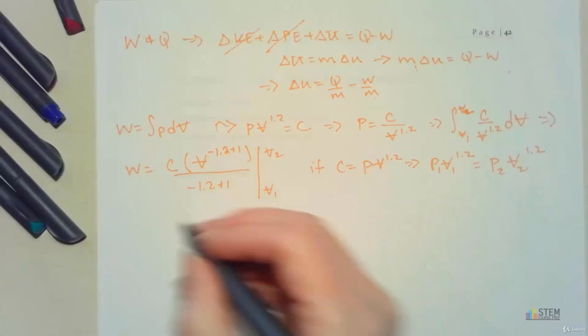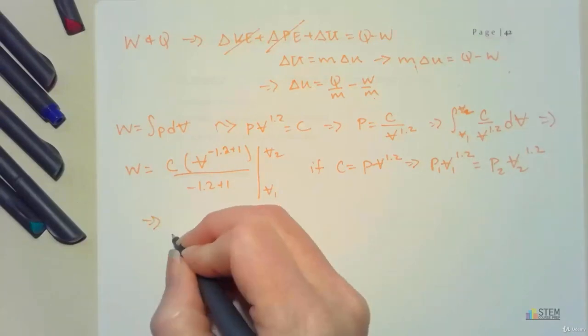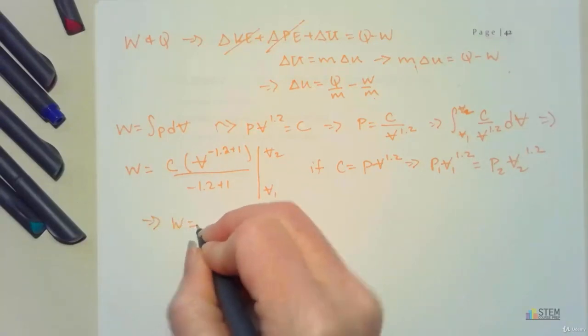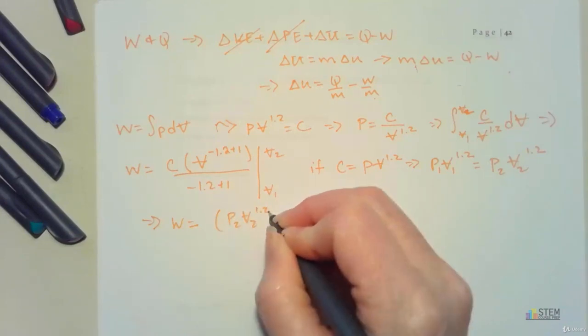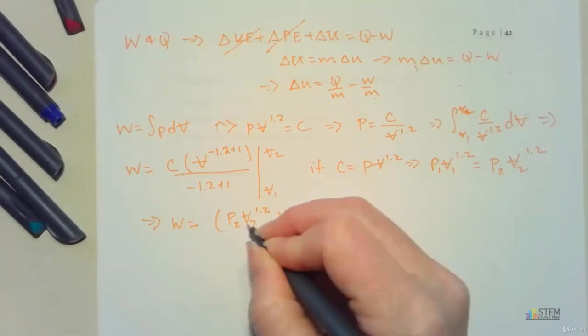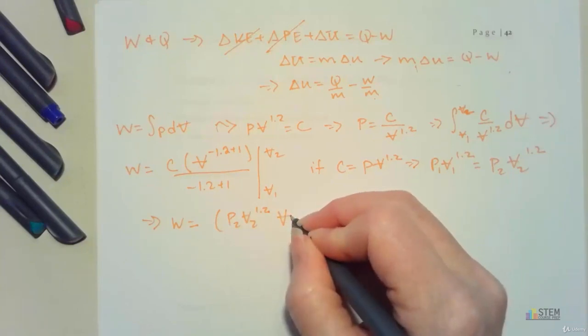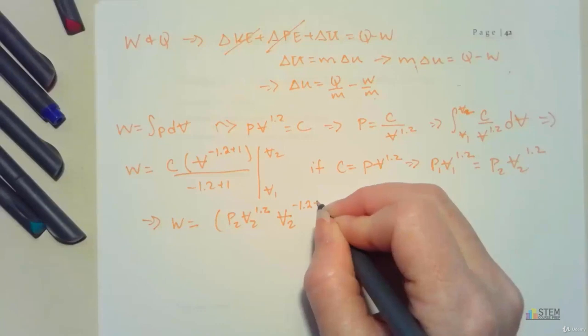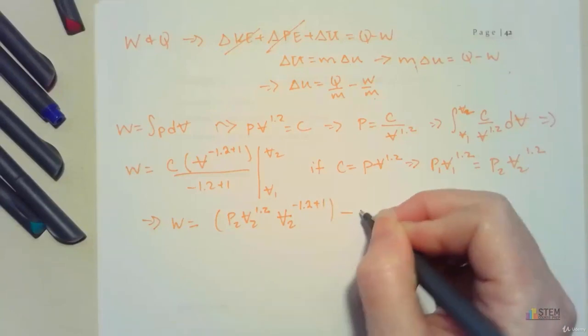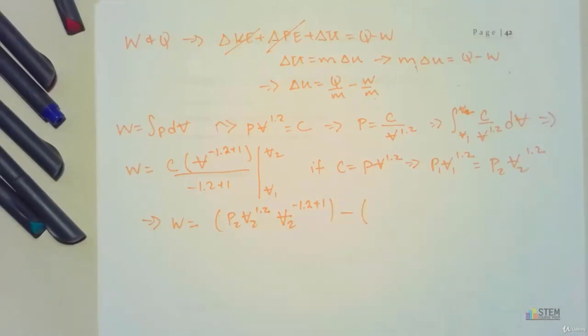So when we plug this in for C, we'll have that work is equal to P2 V2 to the power of 1.2. That's the C term, times V2 to the power of negative 1.2 plus 1. Then we subtract the same term but for state 1.